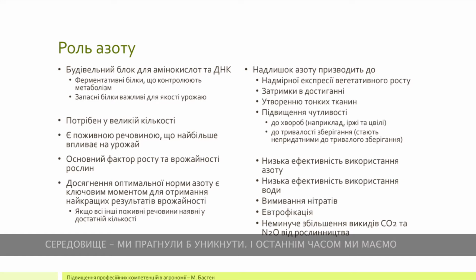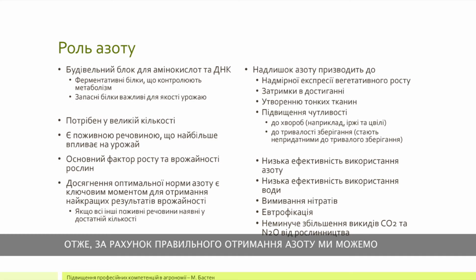And recently we have a lot of discussions about carbon dioxide emissions because they contribute to global warming. And of course, we know that nitrogen fertilizer production is very energy intensive.